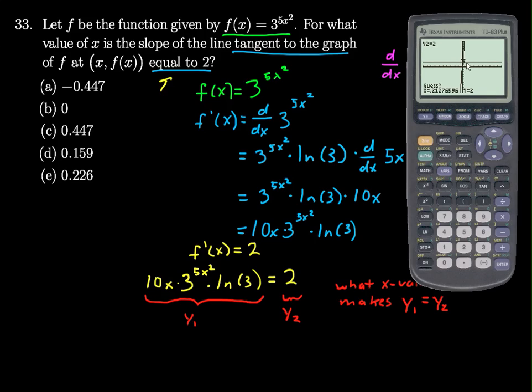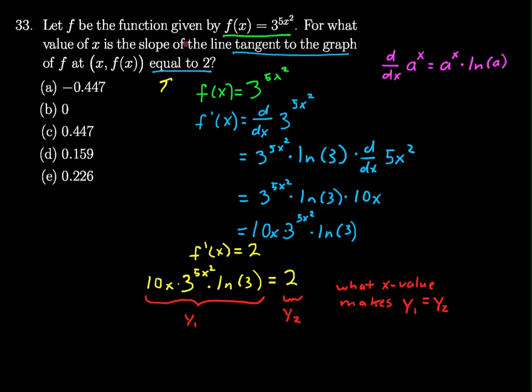And my guess, well, I'm really close to where they're intersecting, so that's where I want to guess. And I see that I intersect at 0.158564212. I'm looking for the x value that makes this happen, so that's approximately 0.159. That means that my answer choice is D.